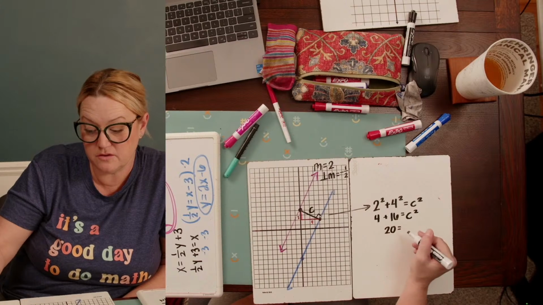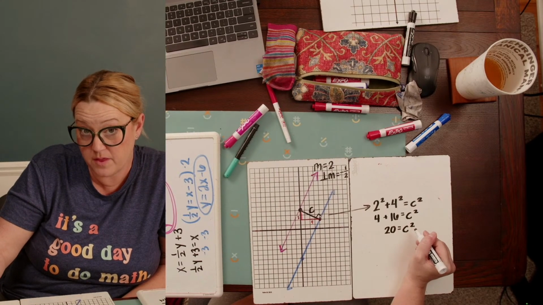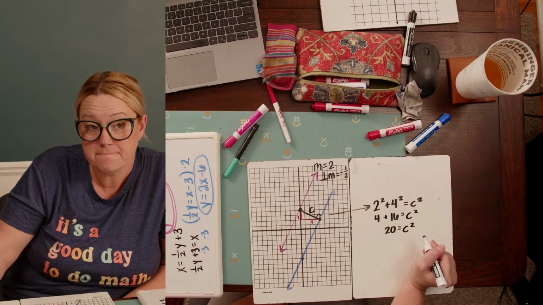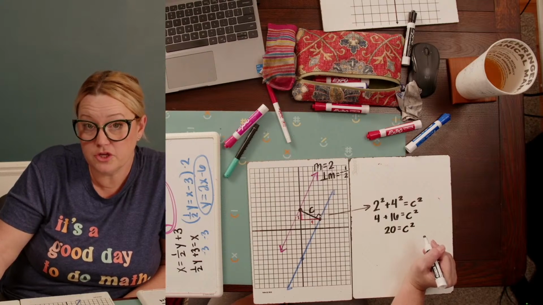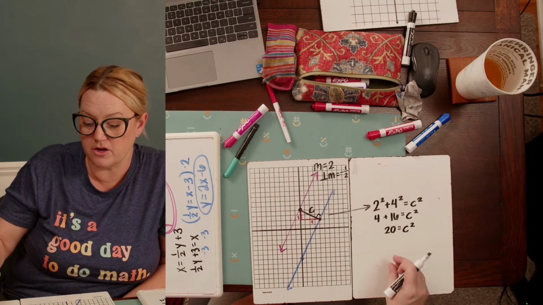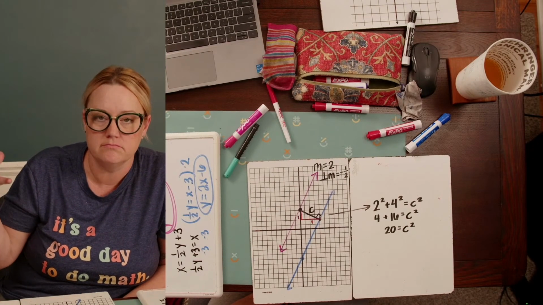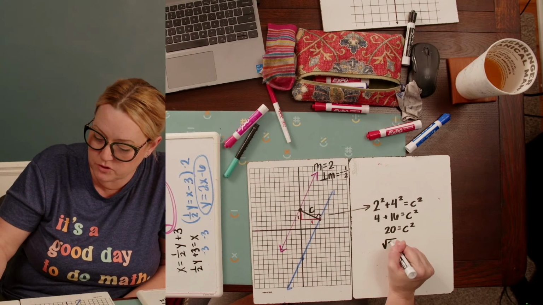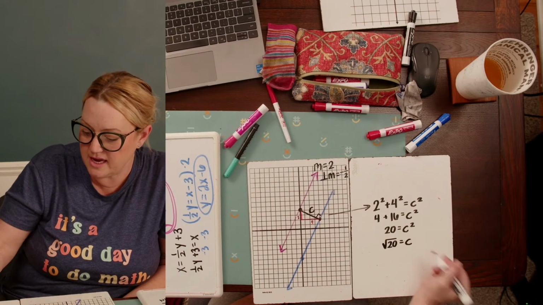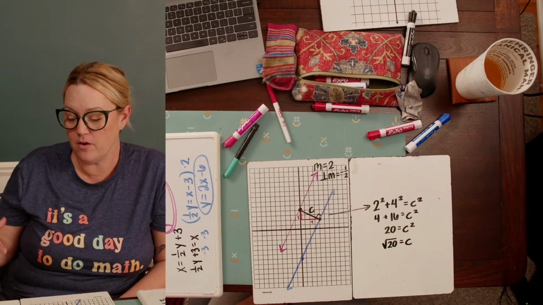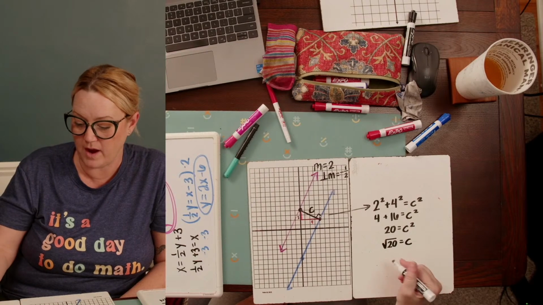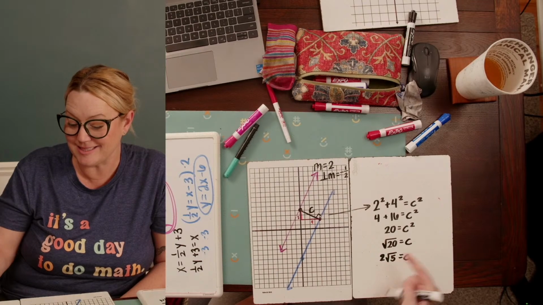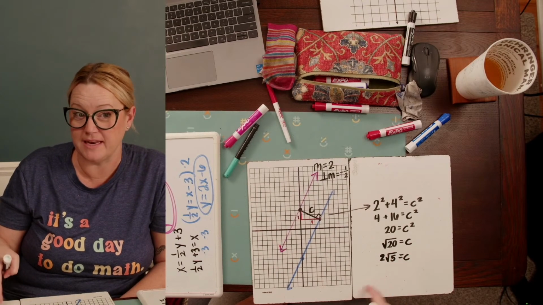Are you supposed to round this, or do you need to leave it as a radical? That's the question, right? So if I take the square root of both sides, I would have square root of 20 equals c. I don't know if you need to round that, or if you need to simplify this as a radical, it would be 2 root 5. I'm going to guess that since it's asking you for distance, you probably need to round it.